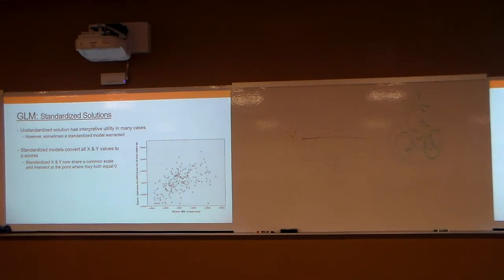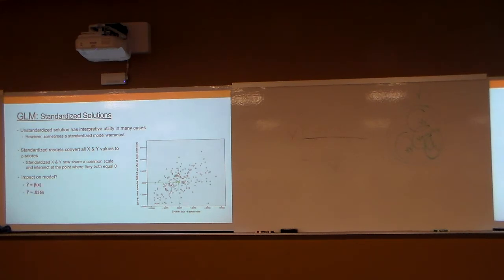So with our standardized scores, not different than before, my regression line intersects right here, where both values are at their mean. Same thing happened with the unstandardized. So 0, 0: this point right here, my regression line has to go through that point on the graph.